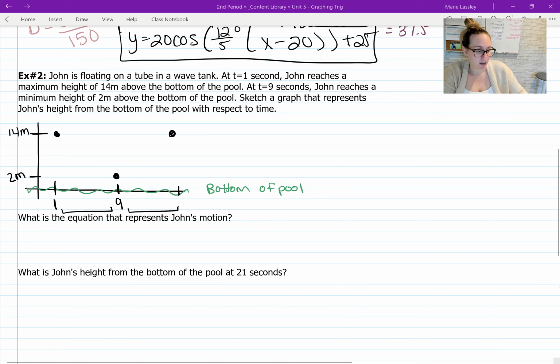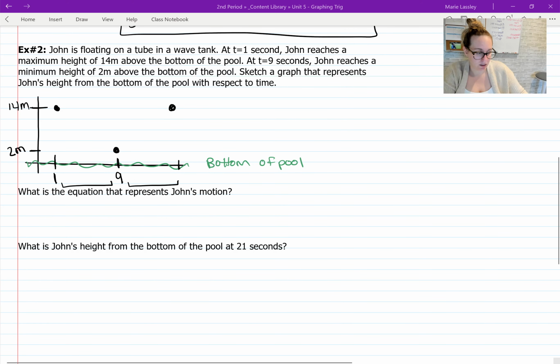All right, so 1 to 9, that's 8. We moved 8 spaces. So that means there's going to be 8 more after 9 to give us our next point. So 9 plus 8 is 17. All right, so my next point is at 17 seconds. All right, so that's important.